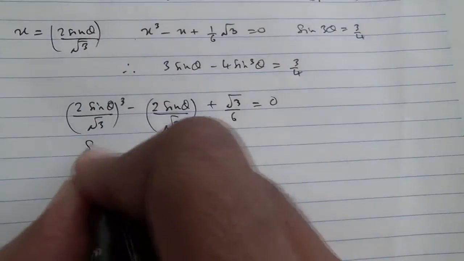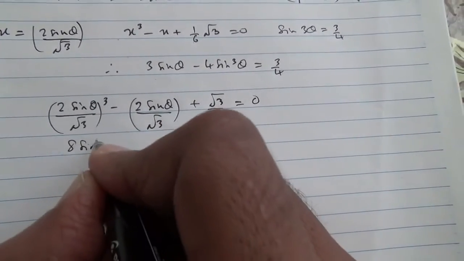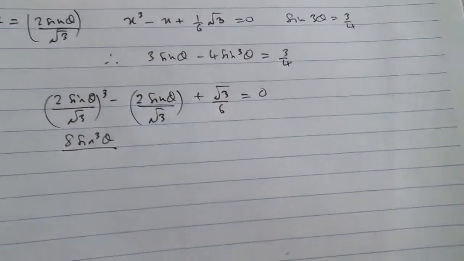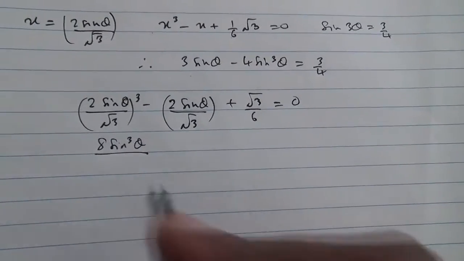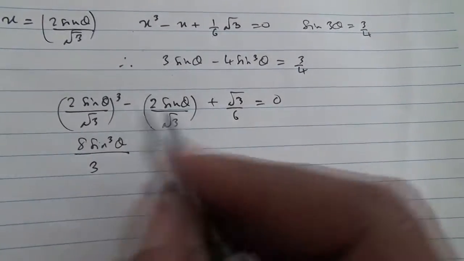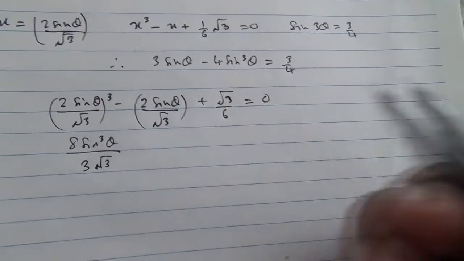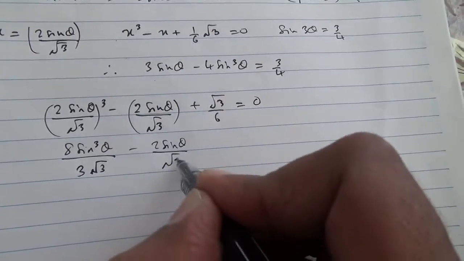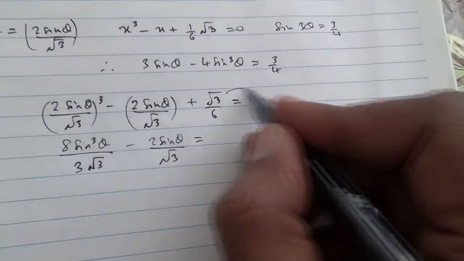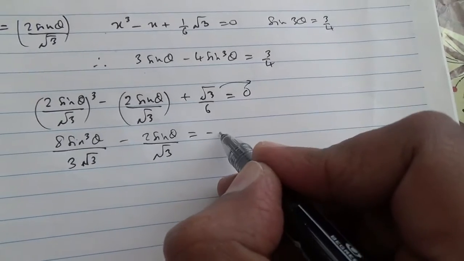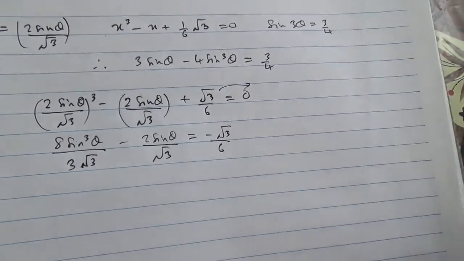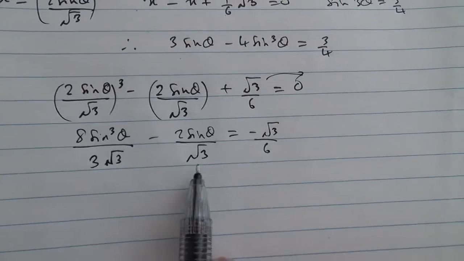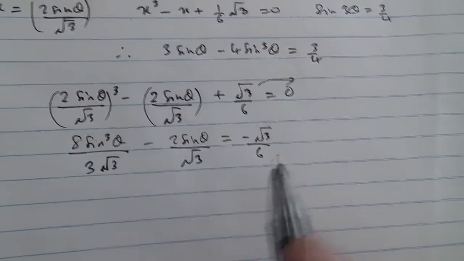Now what is this? 2 to the cube is 8. 8 sine cube theta divided by root of 3 to the cube, which is root of 3 times root of 3, which is 3, then times root of 3. Minus 2 sine theta over root of 3 is equal to, you can send this to the other side, it's going to become minus root of 3 over 6. So from here, we can cross multiply.